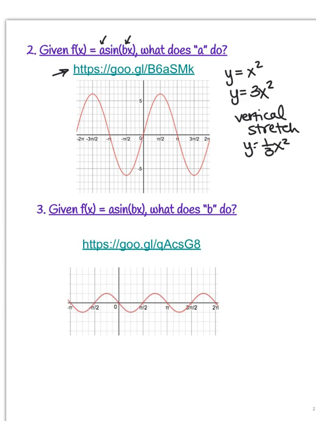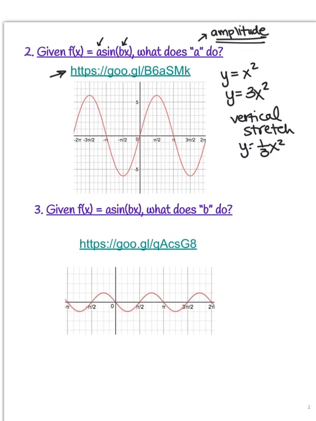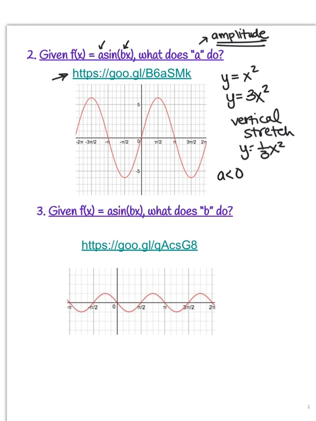Okay, so hopefully what you saw is that the A affects the amplitude. And if you did not go and do this, please do it now, because just me telling you this is not going to mean anything to you unless you actually do it. And what happened when A was less than 0? Just like with a parabola, how it flips down when A is less than 0, the same thing happens with the sine graph.